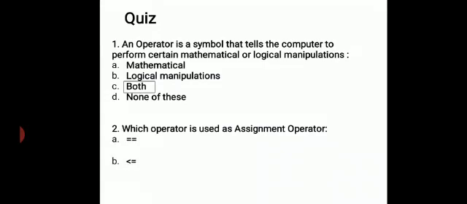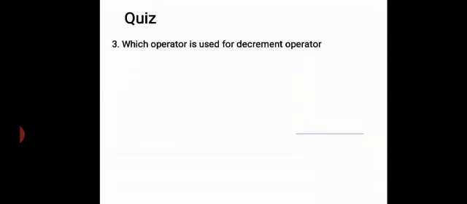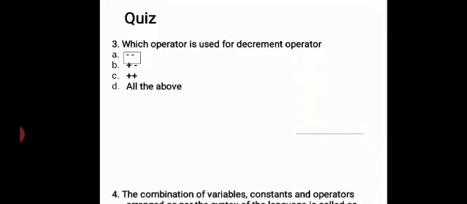Double equals, less than or equal to, less than and greater than, or the equals operator. Third question: which operator is used for decrement? Minus minus, plus minus, plus plus, all the above. Minus minus is correct.